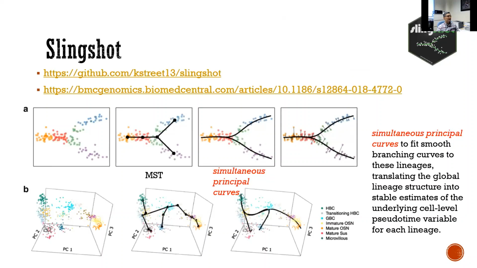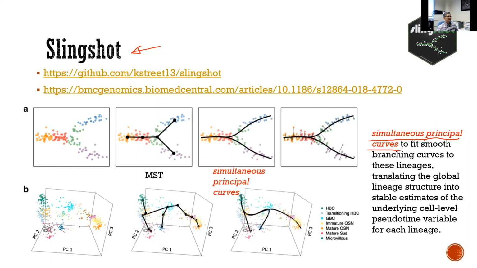Okay, besides Monocle, there are other tools that have been developed. So this is called Slingshot. Slingshot is based on the simultaneous principal curve.